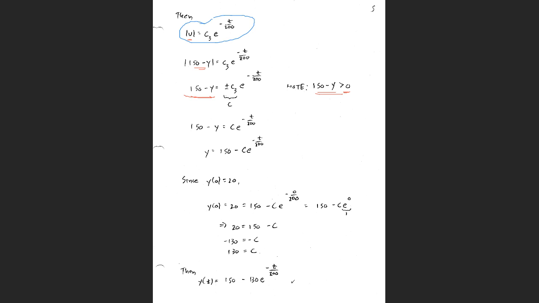You see, books treat things differently. You don't know for now that 150 minus y is greater than 0, but I'm just telling you. But let's talk about this plus or minus. Where'd that come from? What happened there? Well, okay. Let's think of an analogy here.